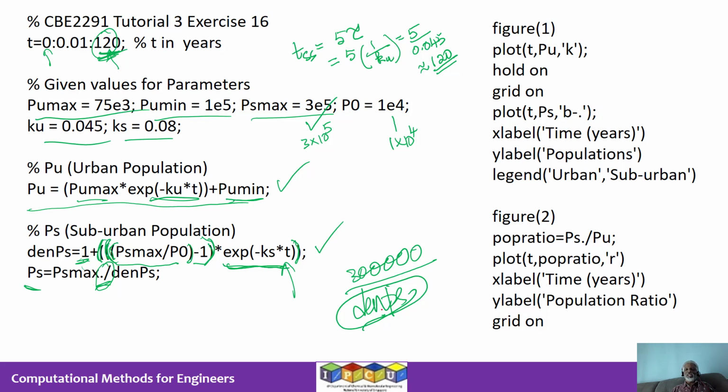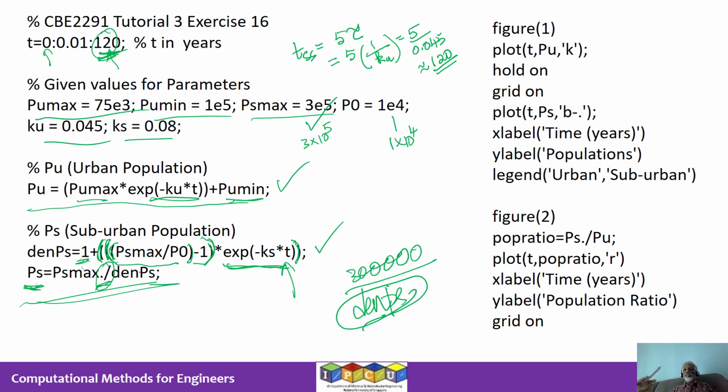I'll take the first element of den PS and do 300,000 by that first element, so I'll get the first element of PS. Then I take the second element of den PS and do 300,000 by the second element of den PS. That will give me a number and that will be the second element of PS and so on. So this is how I generate PS.